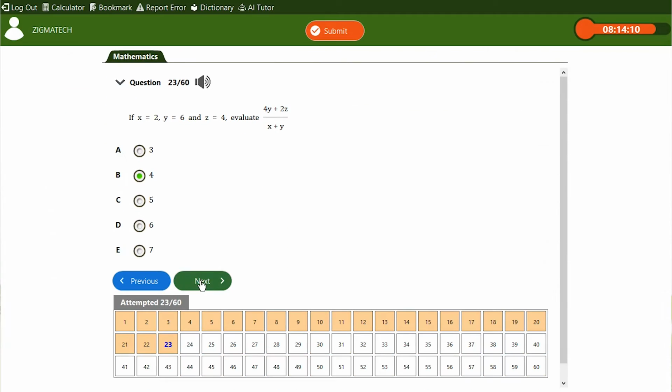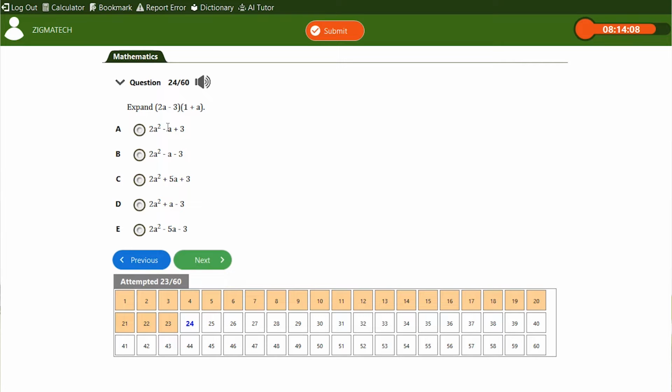We move to the next. 24 says expand the bracket 2a minus 3, close the bracket, then open another bracket, 1 plus a.